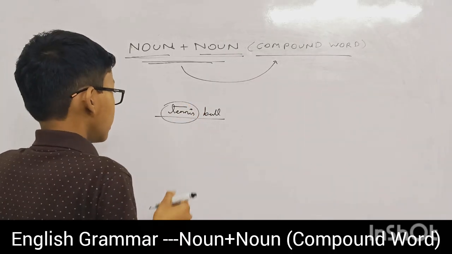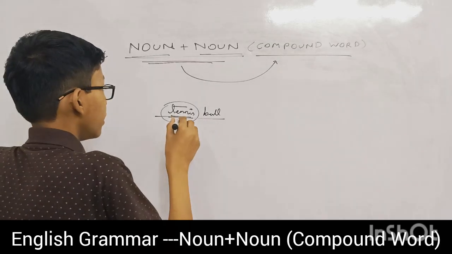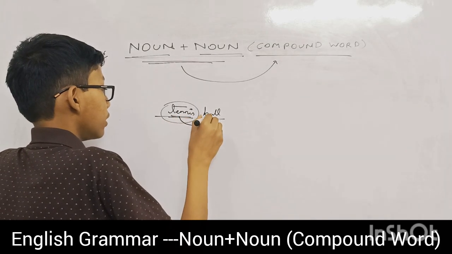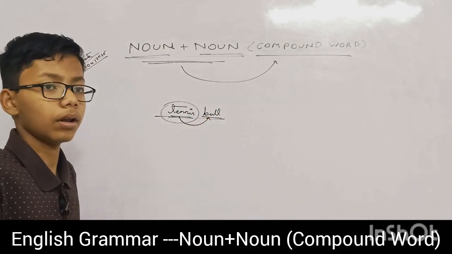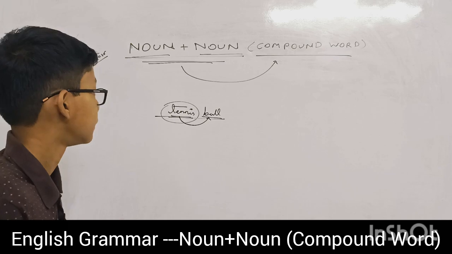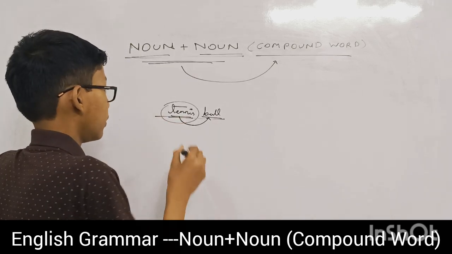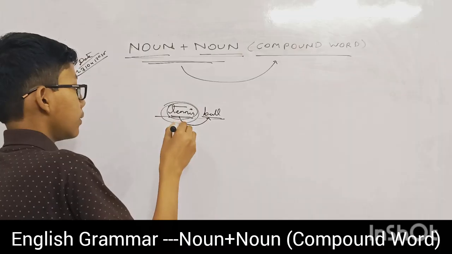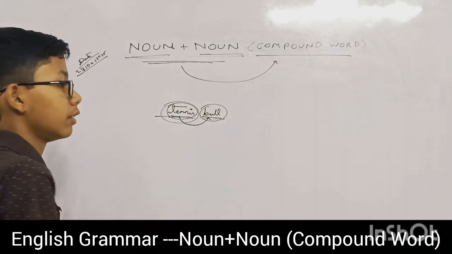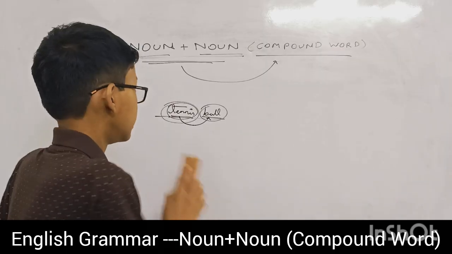The noun tennis describes the ball that is used in the sport tennis. So the first noun can act like an adjective, describing ball as it is the ball that is played in tennis.